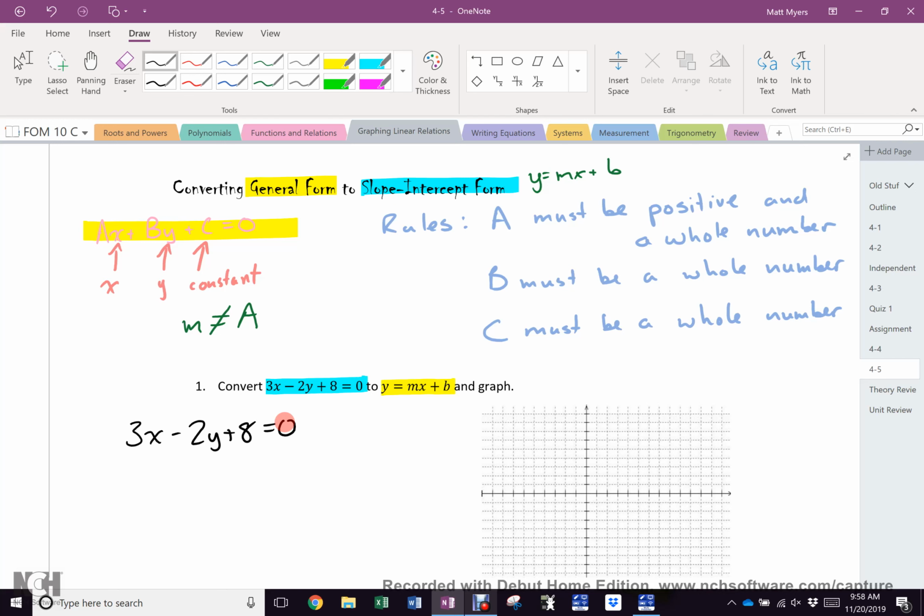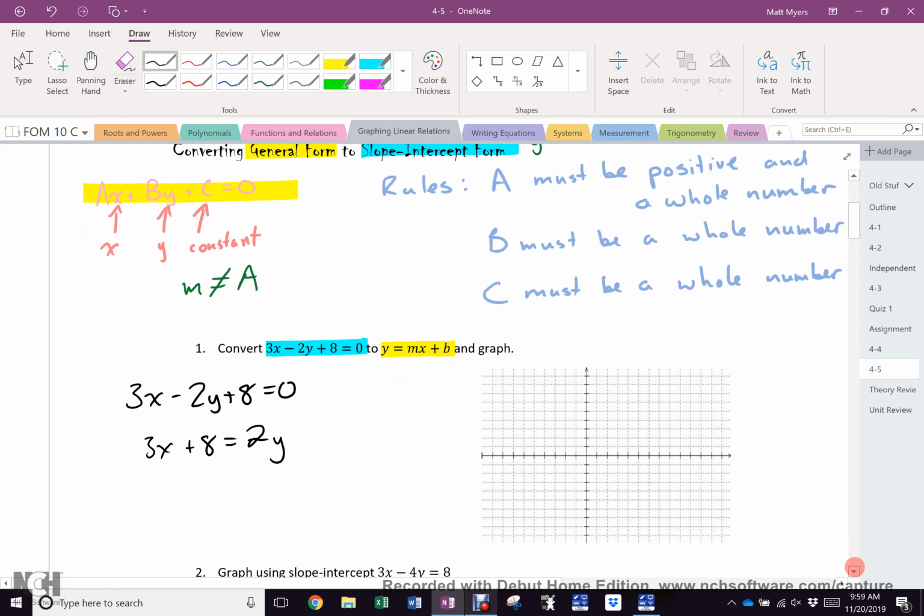Y is what you should move because you need y to be by itself. And right now, it's not. I'm going to move it because it is negative and I need y to be positive. 3x plus 8 equals positive 2y. Am I in slope-intercept form yet? No. What do I need to do now?